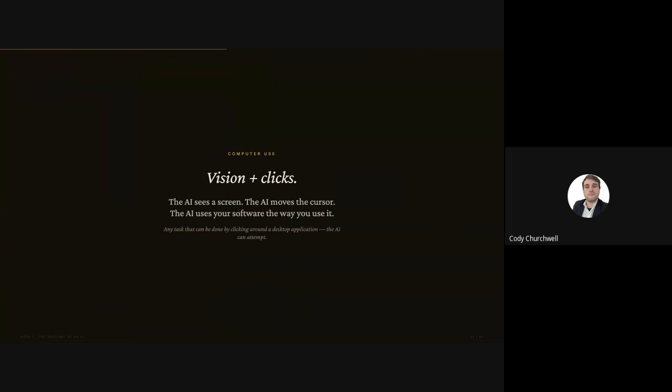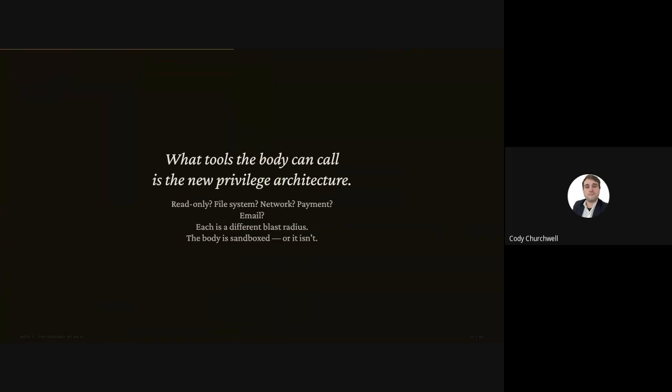Any task that can be done by clicking around your desktop, the AI can now attempt it. It's not perfect yet. Reliability is patchy and latency is real, but the trajectory is fast. By 2027, most of you will have an AI that operates your laptop the way you do. Okay.